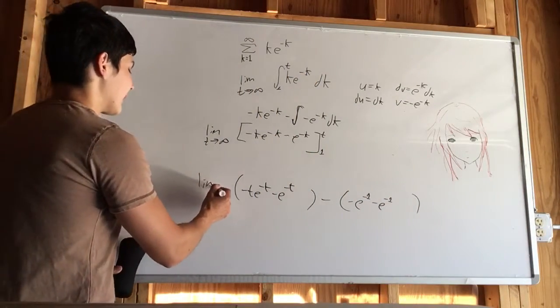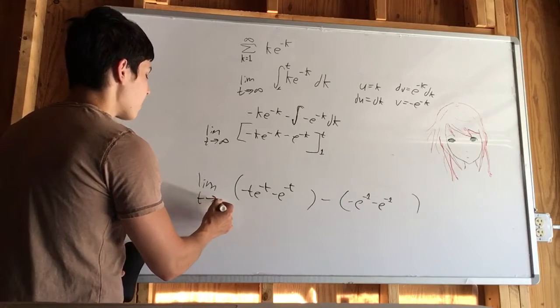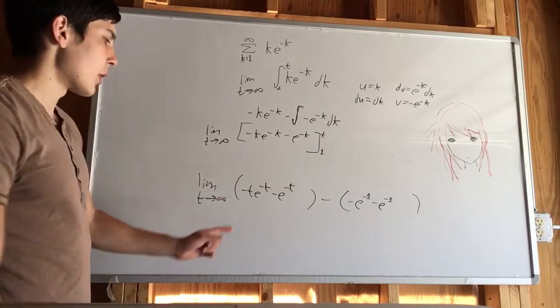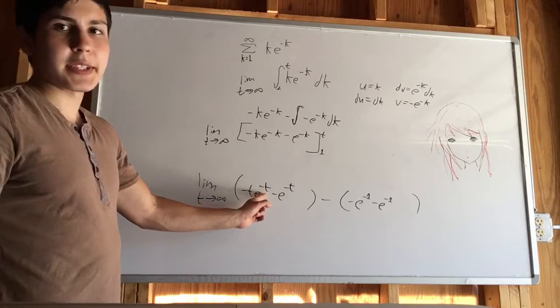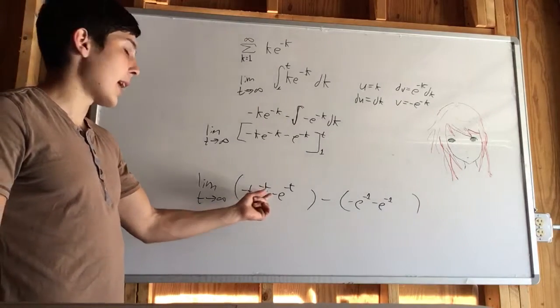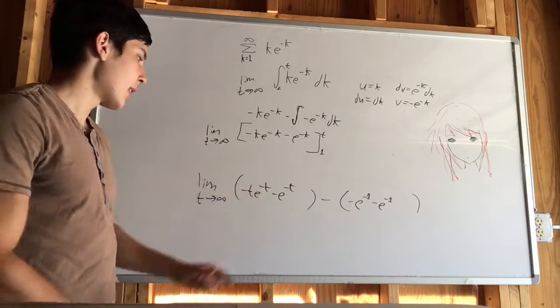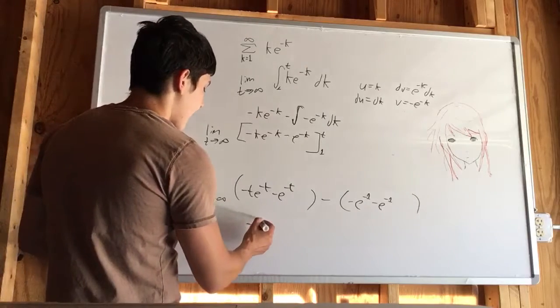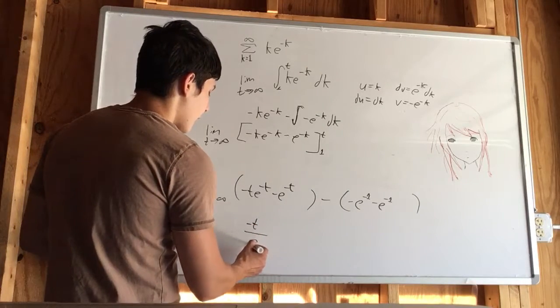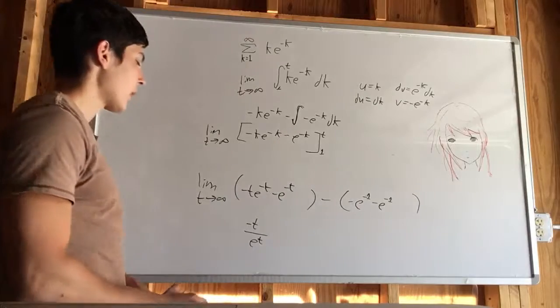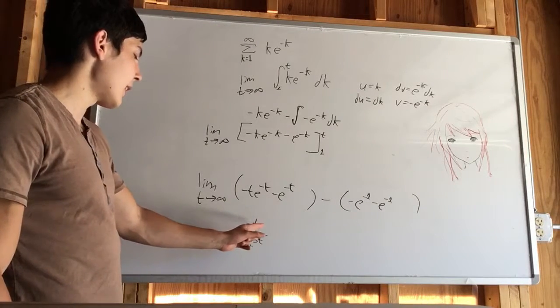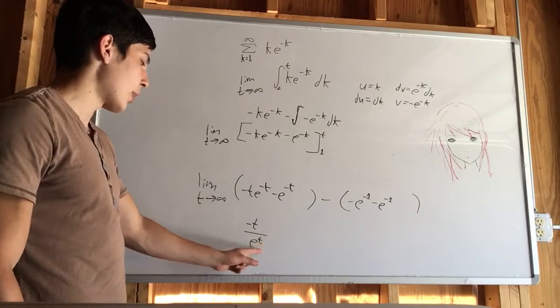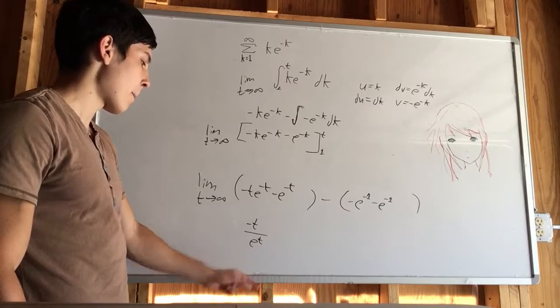Take the limit as t approaches infinity. With this one, notice that we have a negative exponent, which means that this is the same as having negative t over e to the t. So we're plugging infinity into here, and we're plugging infinity into here.